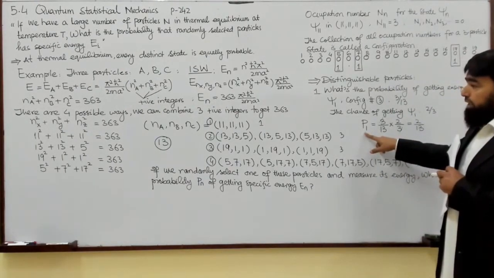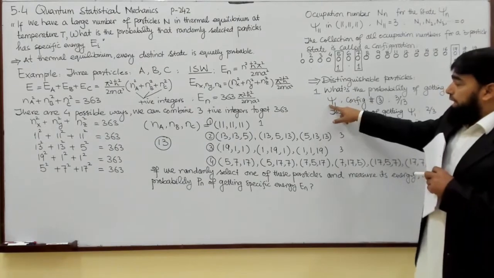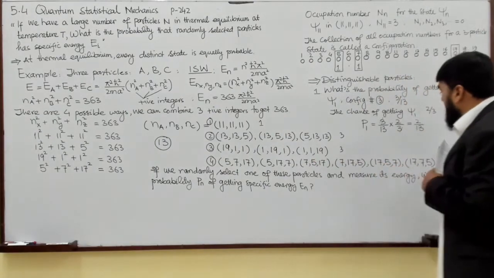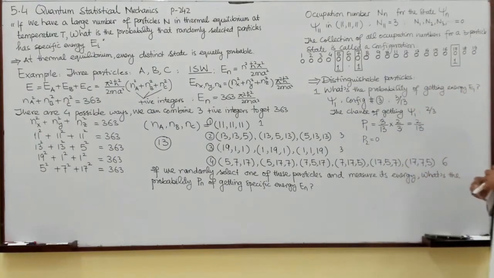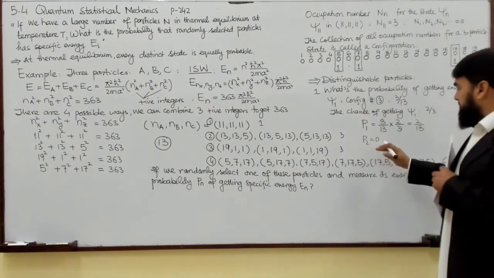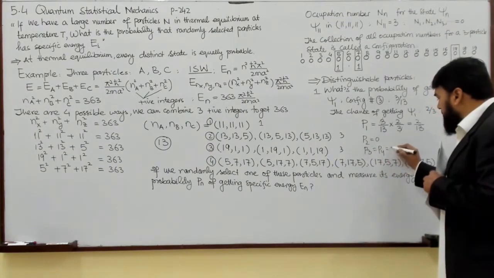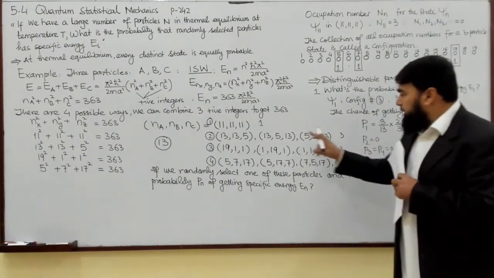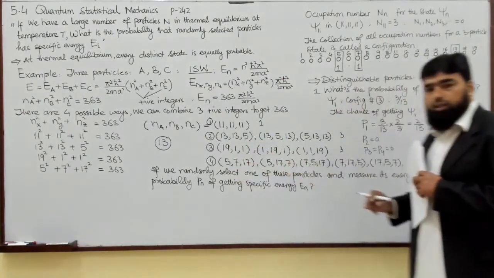For that I get energy E2, and the state will be psi 2, and I see that there is no 2 involved here, so P2 is equal to 0. And what about P3? I have no involvement of 3 as well, so P3 and P4 are equal to 0. Will P5 be 0 or not? No, because I have involvement of 5 here and here as well.